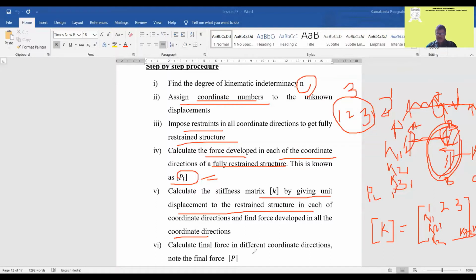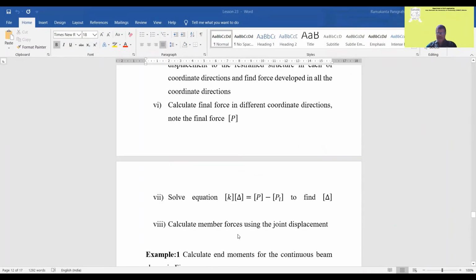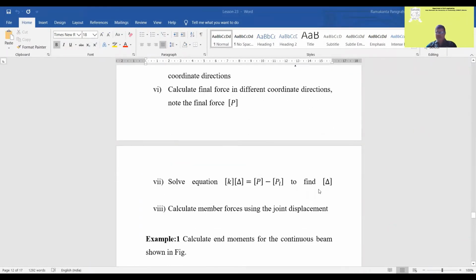Then find the forces in the different coordinate directions, or the final force P. So for the final force, you have to calculate for the coordinates. Once you find the value of P and PL, then you can solve the equation K into delta is equal to P minus PL. K into delta is equal to P minus PL.